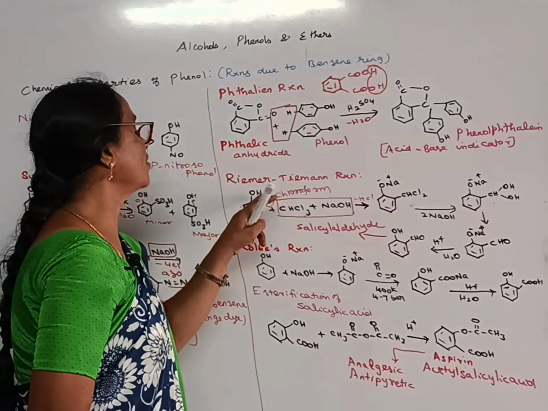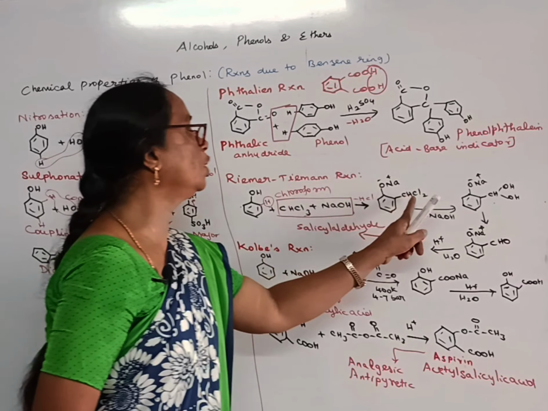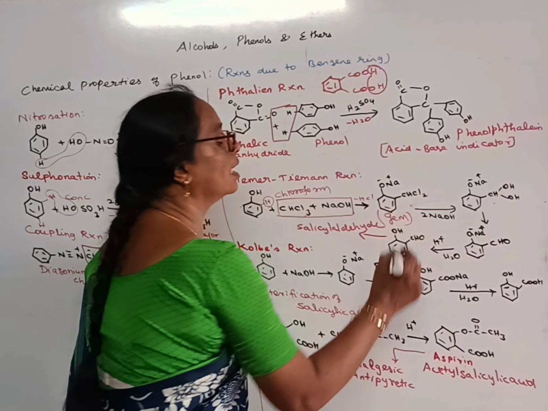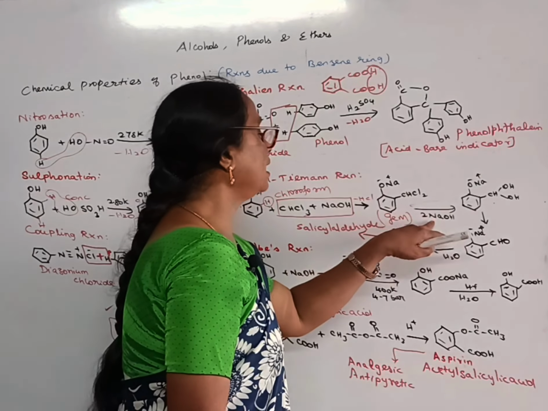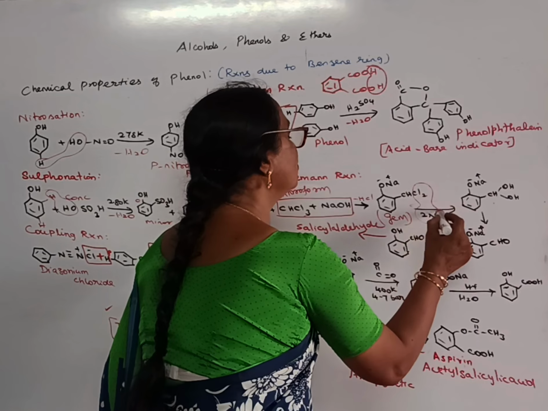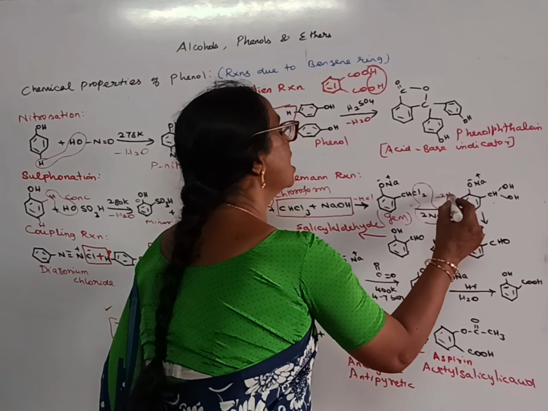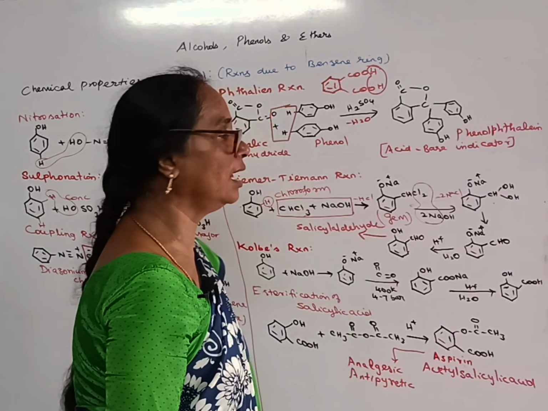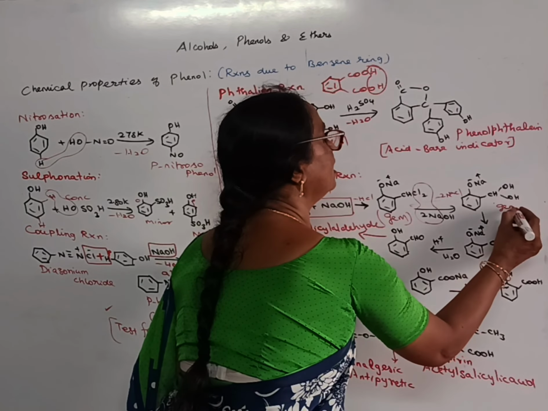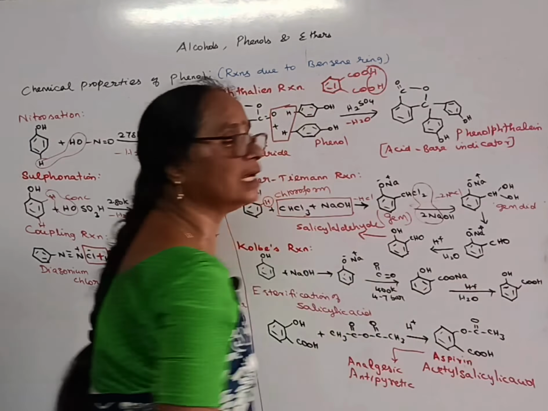In the place of hydrogen, the CHCl2 group is formed, where we are getting a gem dihalide. Upon treatment with sodium hydroxide, both of the halogens with the sodium are removed as minus 2 NaCl, and hence the gem diol is formed. Gem dihalide is now converted into gem diol.